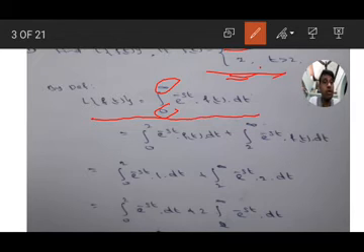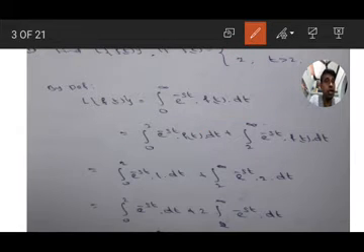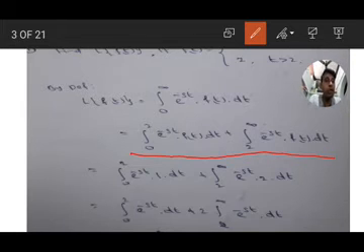So we divide the integration from 0 to infinity into two parts: 0 to 2 of e to the power of minus s t f of t dt, plus 2 to infinity of e to the power of minus s t f of t dt.